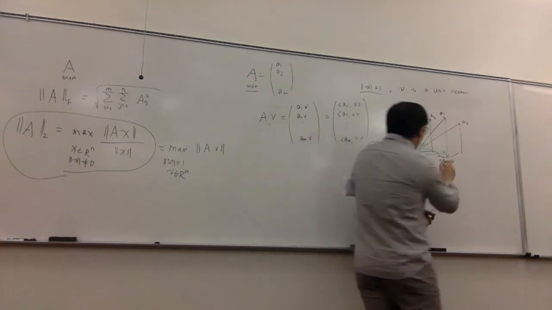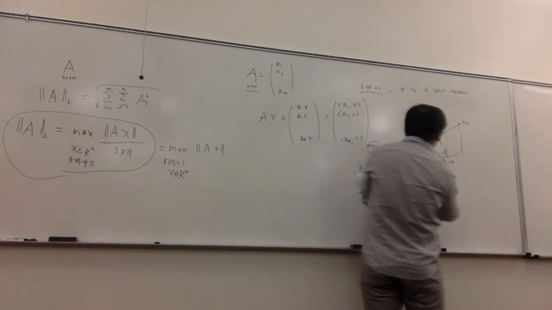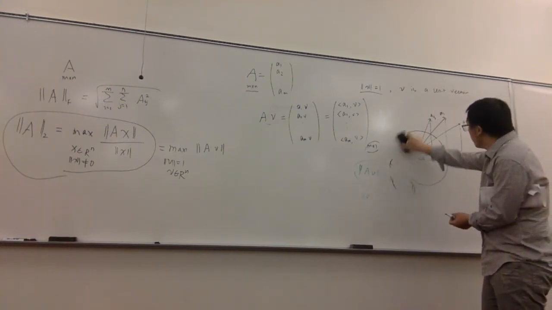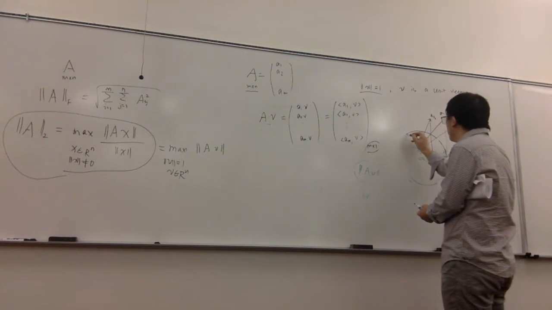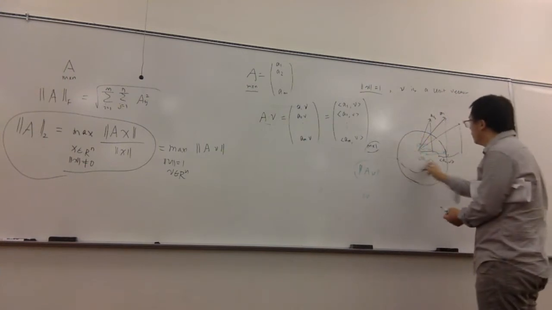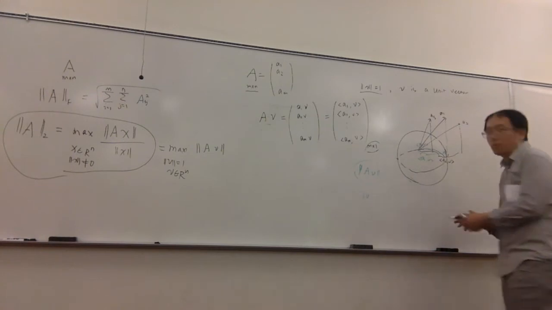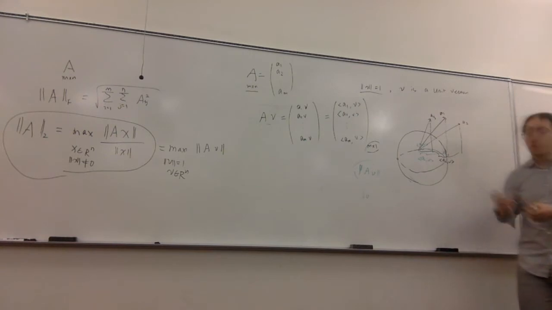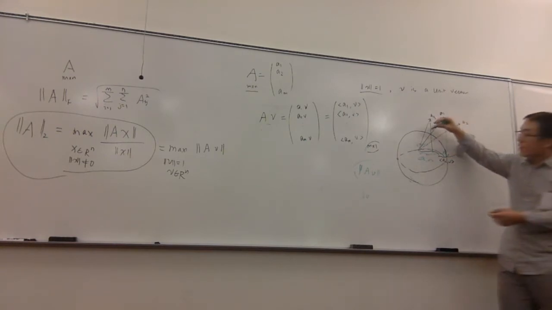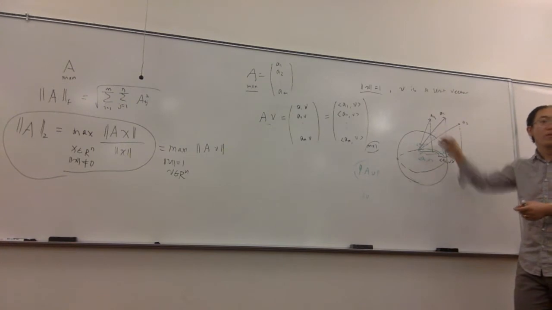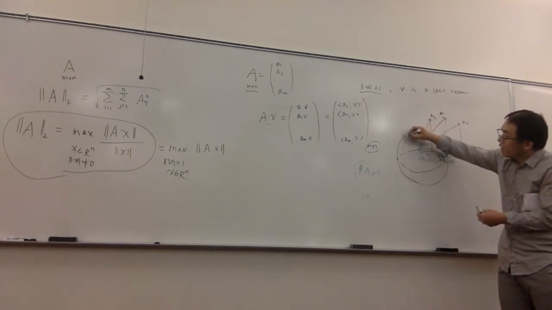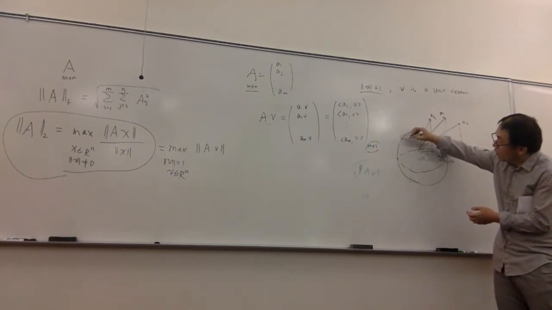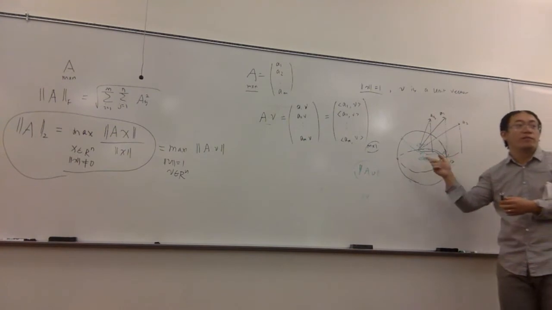So actually, let me draw a nice looking ball. Does it look like a ball? A sphere? Forgive my drawing. So actually, you're searching over all the points on the surface of this sphere or ball, right? For each point, you have a unit vector V.